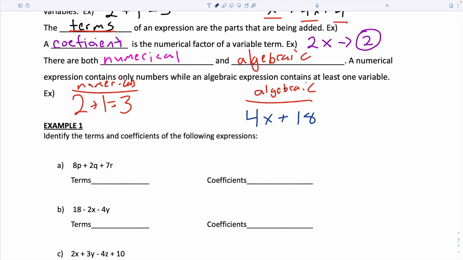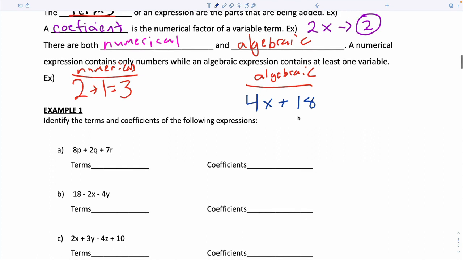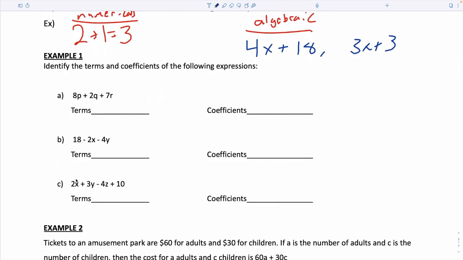Raise your hand if you have a different algebraic expression that I can add. Kieran, you got one? An algebraic expression just has a variable and a number. What did you put? Sure. Cool. So this example, I'm going to do one, then you're going to do the next two.